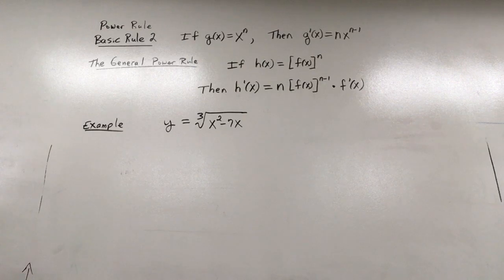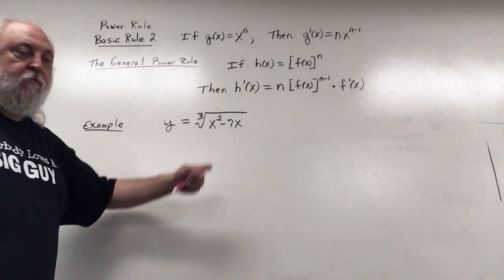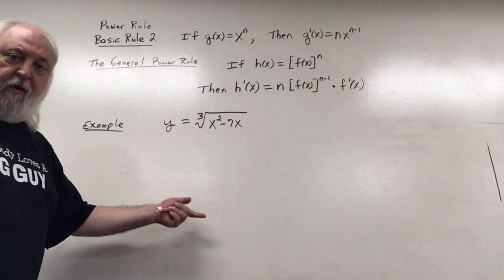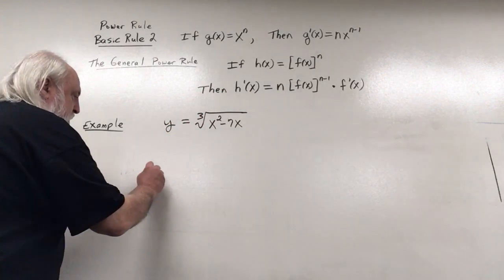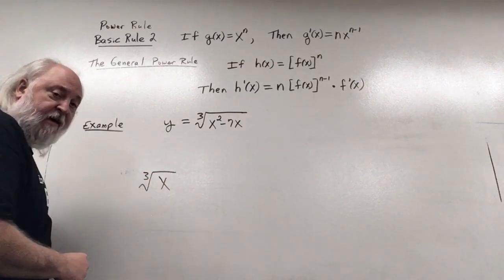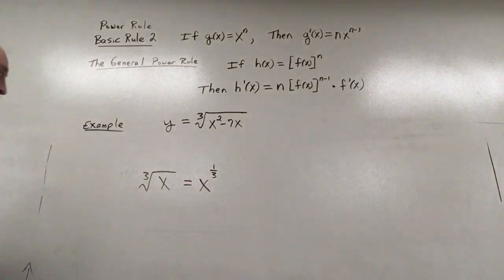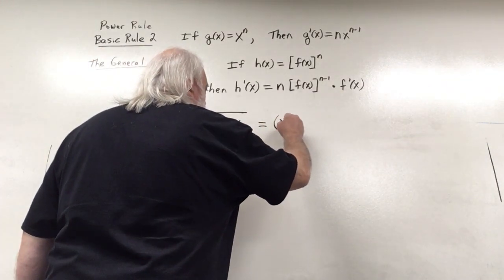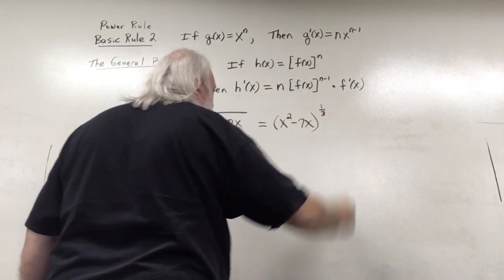Before we can differentiate this, you have to deal with this cube root. Whenever you take the cube root of something, that's the same as raising that something to the 1/3 power. Earlier this semester we already reviewed that the cube root of x is x to the 1/3 power. Here we're taking the cube root of x squared minus 7x, so this is the same as x squared minus 7x raised to the 1/3 power.